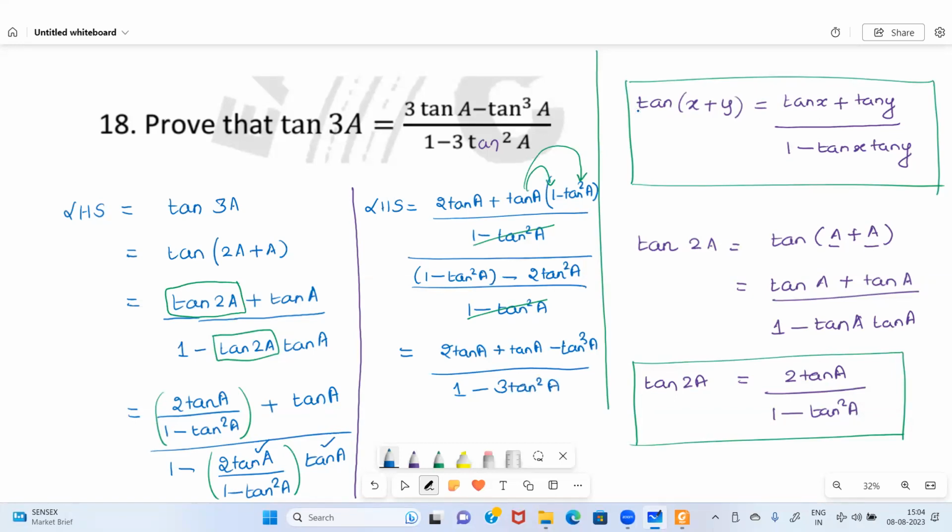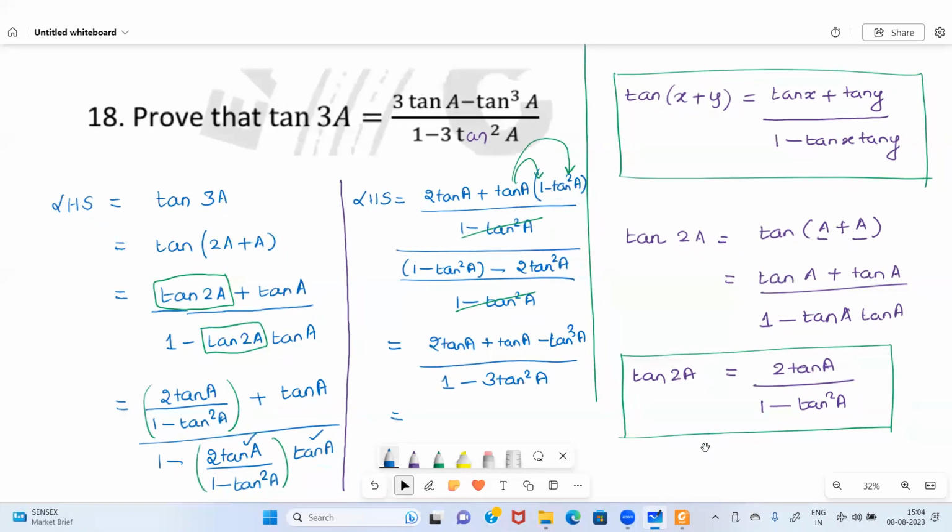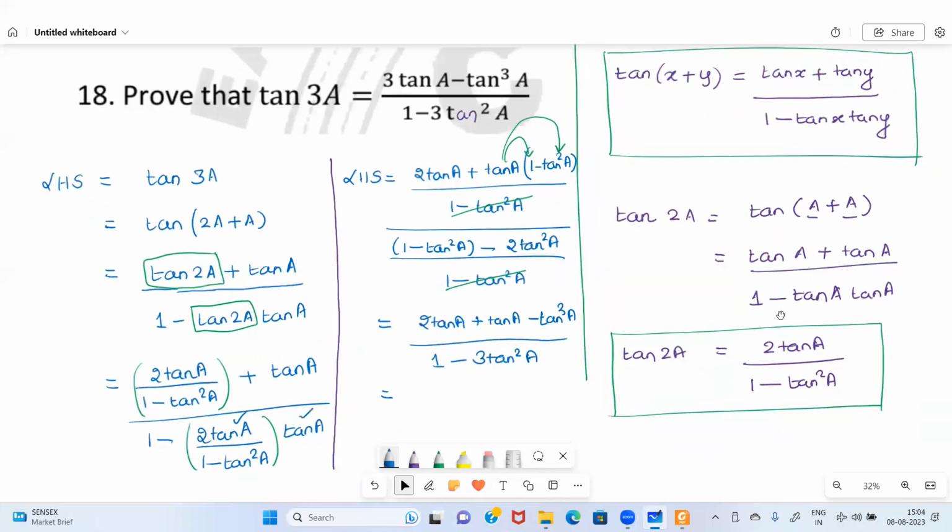And this next step would be our last step, students. 2 tan a plus tan a is 3 tan a, minus tan cube a, the whole thing divided by 1 minus 3 tan square a. That would be our final answer, which is equal to your RHS, what you needed to prove.